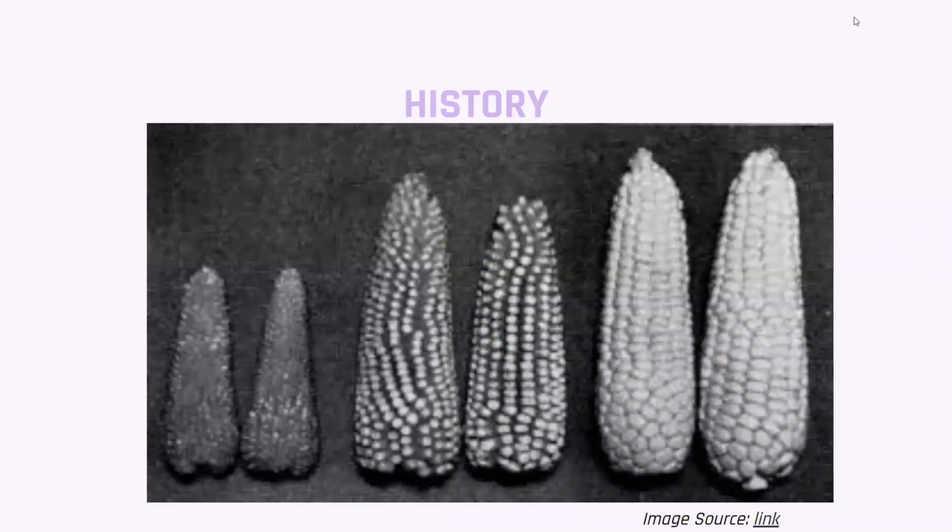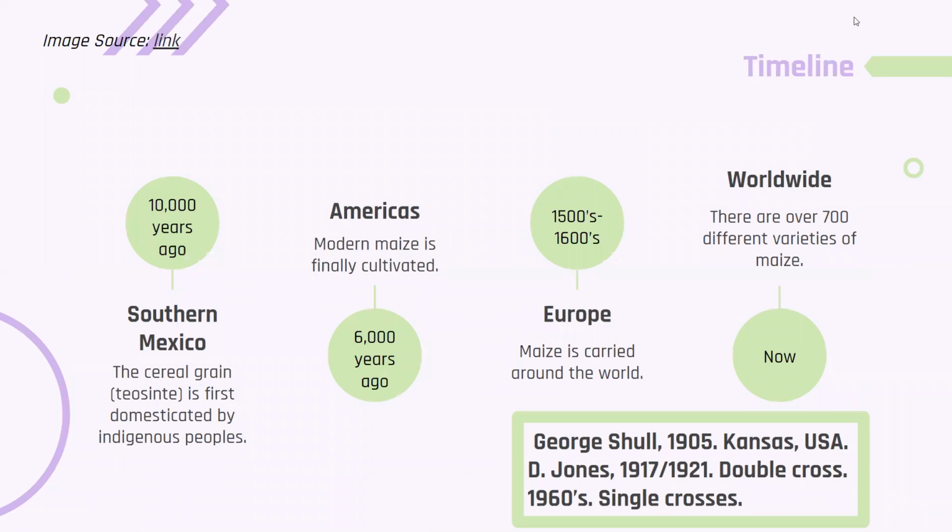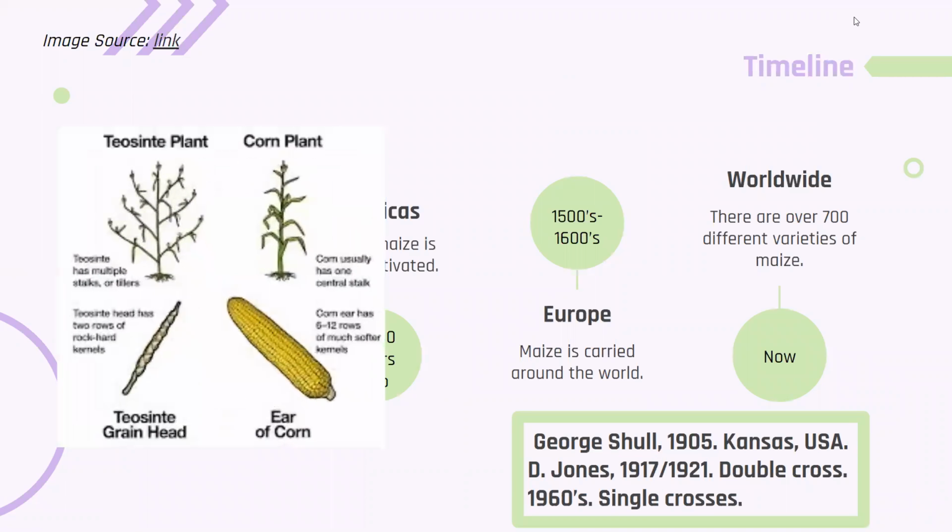Next up, we're going to look at some history. Starting off with a timeline, about 10,000 years ago in southern Mexico, teosinte was first domesticated. Looking at this image, you can tell that this crop is very different from what we know as corn today.